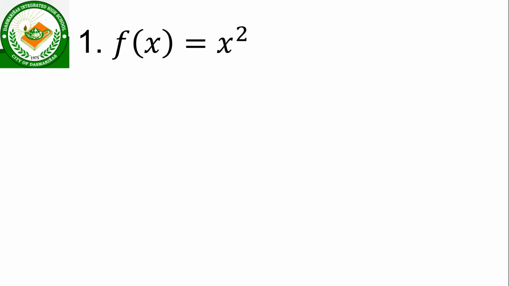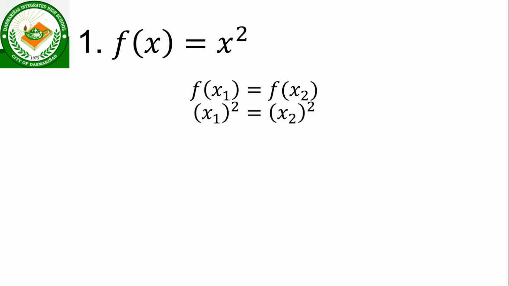So for number 1, we have f of x equals x squared. We all know, based on the definition, that if f of x sub 1 is equal to f of x sub 2, we must show there are no counterexamples that x sub 1 is equal to x sub 2.